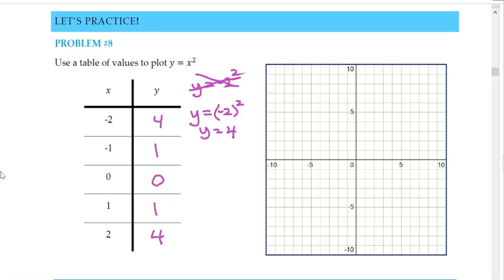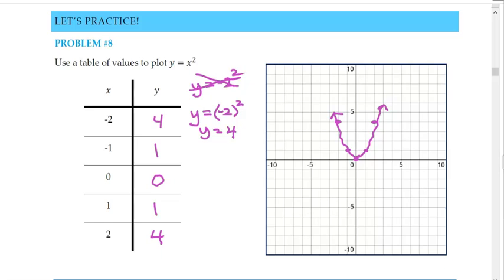We can see we have over -2, up 4, over -1, up 1, 0, 0, 1, 1, and 2, 4. So you can see it's making this shape that is a curved graph, kind of like a U-shaped graph. So it shouldn't come to a point down here. It's U-shaped. Okay?